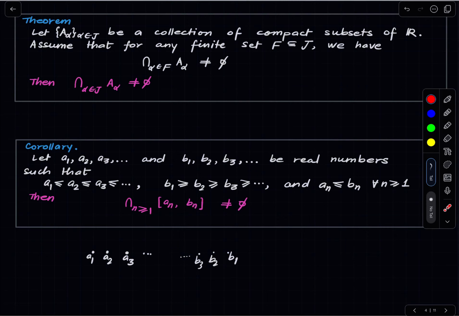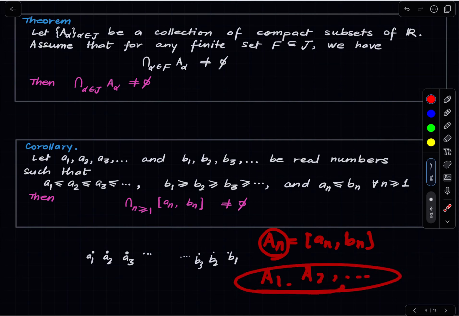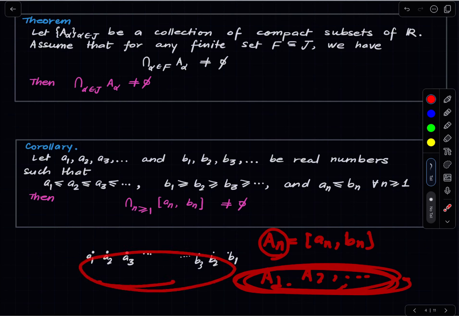Because if we define AN as this interval, then AN is compact, and A1, A2, A3, and so on, they have the finite intersection property, meaning if you pick any finite subcollection of the AIs, they intersect in a non-empty set, simply because of this nestedness. The first one contains the second one, contains the third one, and so on.